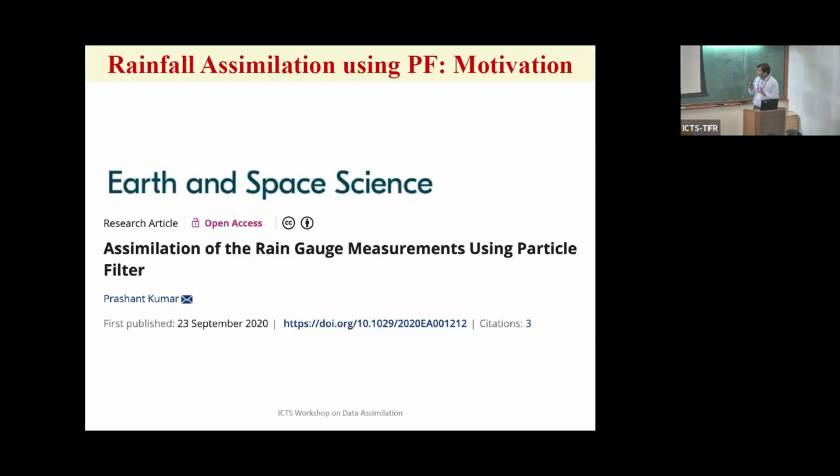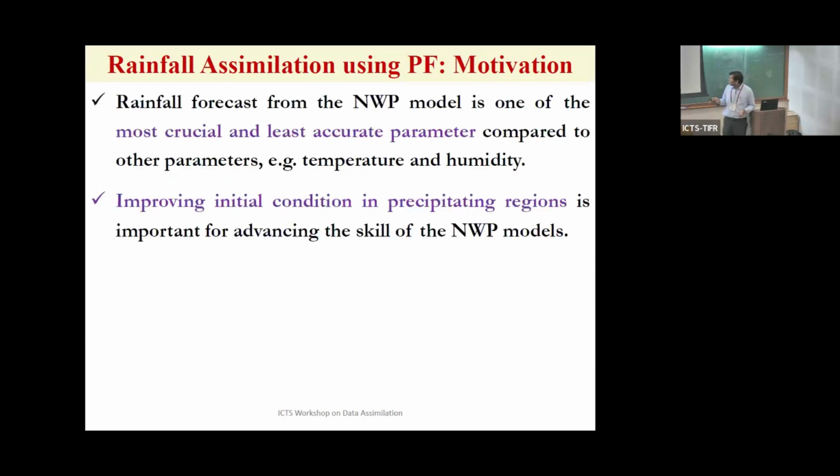Now, based on this theory, I also tried one more experiment, because in general there are a few data sets which are not used for assimilation directly, like rain. Rain is one measurement which is very rarely used directly for assimilation. But this parameter is very important, and it's very complicated also. So people always think about how we can use such parameters which are very crucial, like rainfall.